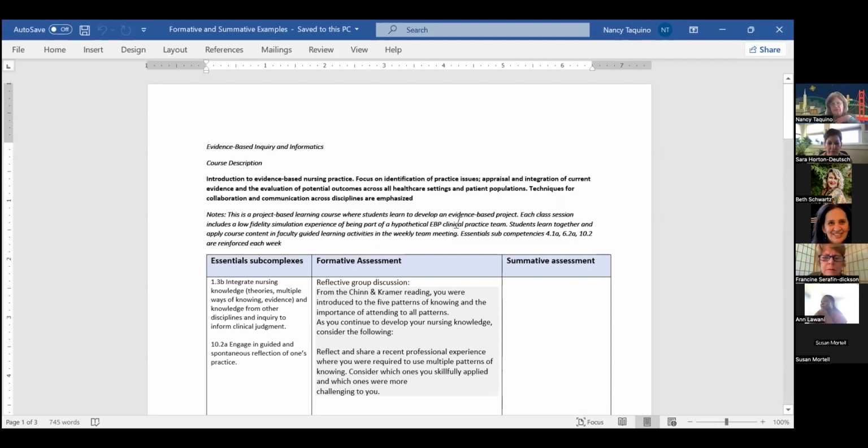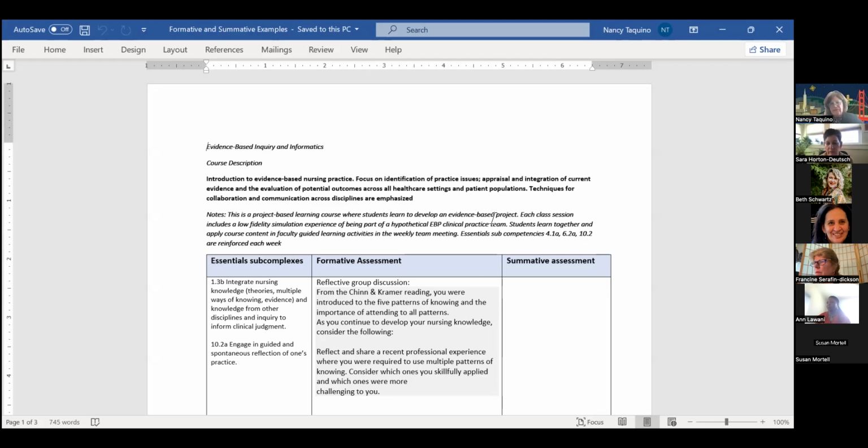The students are given scenarios, they choose an evidence-based practice project issue, and there's a bunch of different scenarios that they can choose from, and they work in a team all throughout the semester. So here's an example, from my perspective, of the essentials competencies that I'm addressing in this first module: integrating nursing knowledge, and engaging in a guided spontaneous reflection of one's practice.